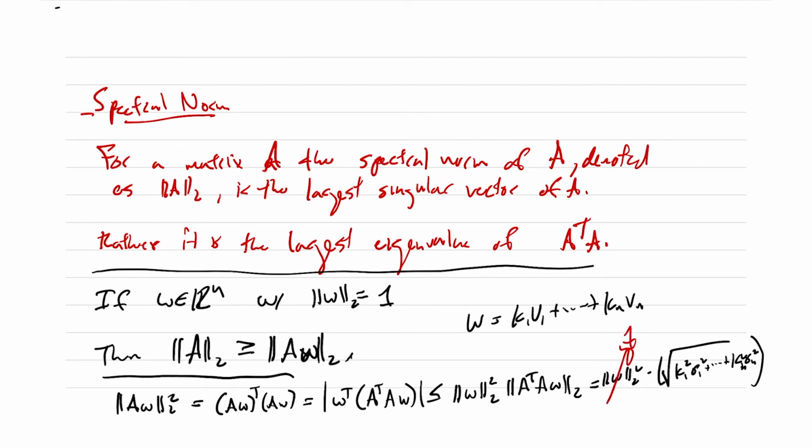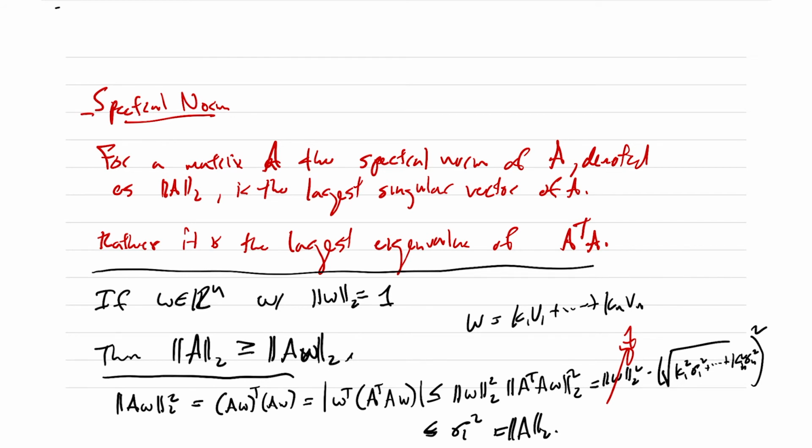So this is basically a weighted average of things that are less than or equal to sigma 1 squared, and so this is less than or equal to sigma 1 squared, and that is by definition the spectral norm of A.